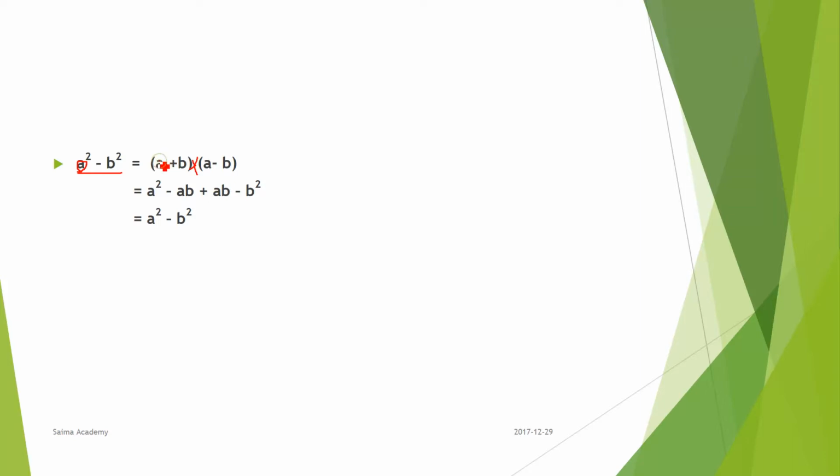So first you have to multiply a with a, it is a square. Then a with minus b, which is minus ab. Then you have to multiply b with a, so you can write ab or ba, both are same. And then minus b and plus b, which is equal to minus b square.